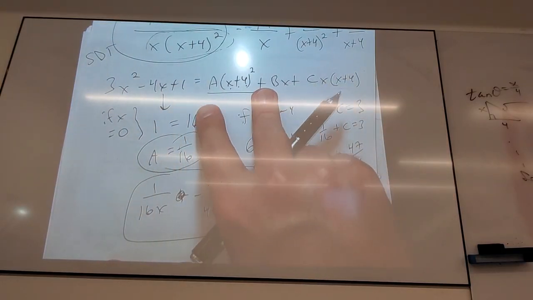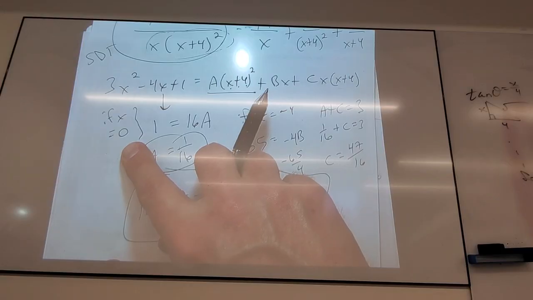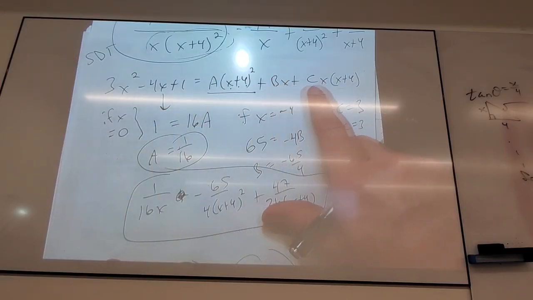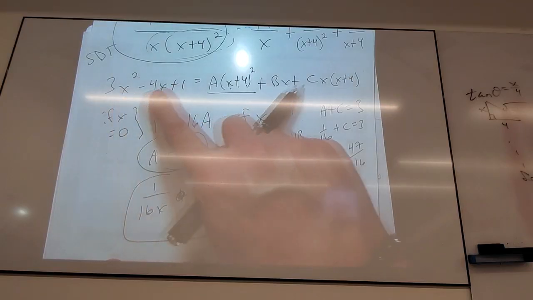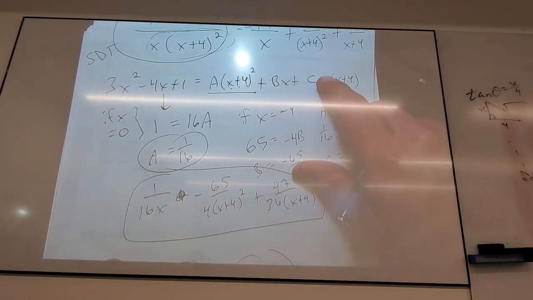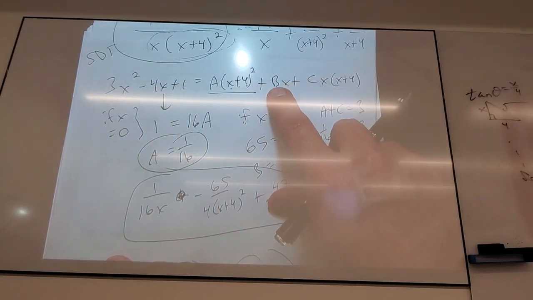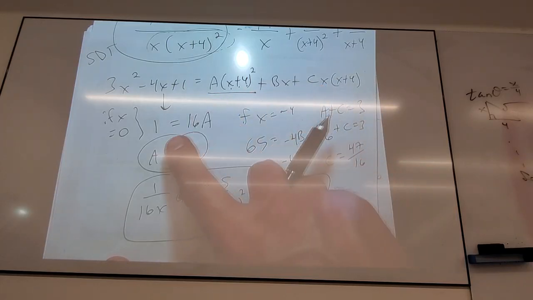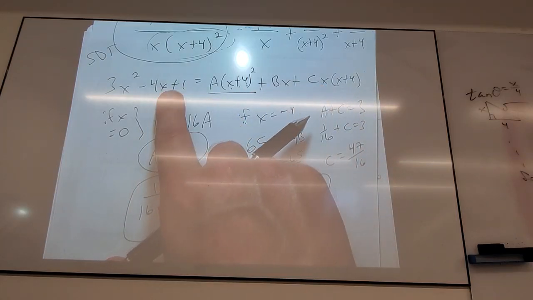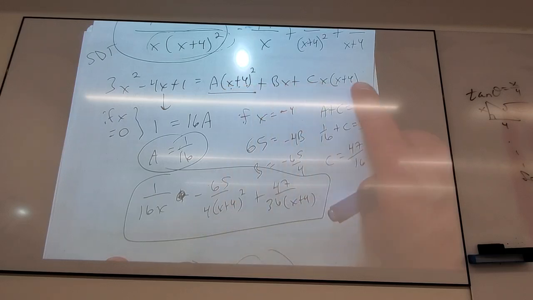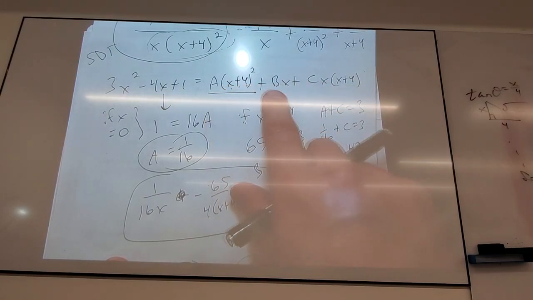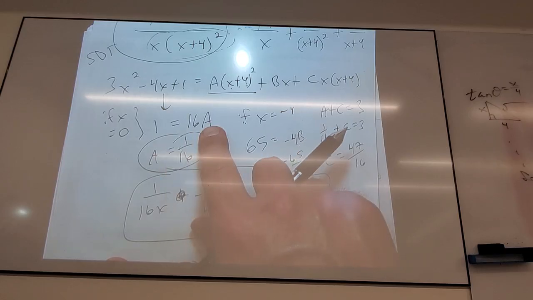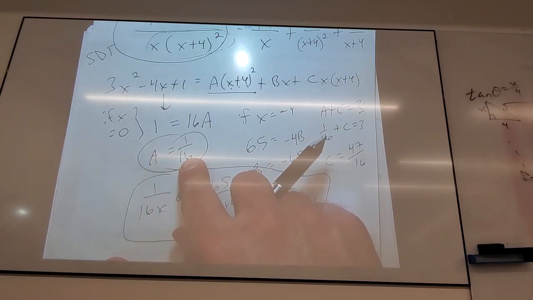X is my true variable. If I pick x to be 0, why did I pick x 0? Because then these two die. The whole problem with this is there's too many unknowns. So if I could directly kill B and C, I could solve for A. So if I make x 0, this side becomes 1, this side becomes 16a, because this is 0 and that's 0. So 1 equals 16a, a is 1/16.